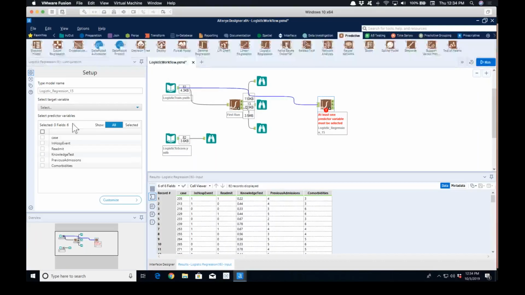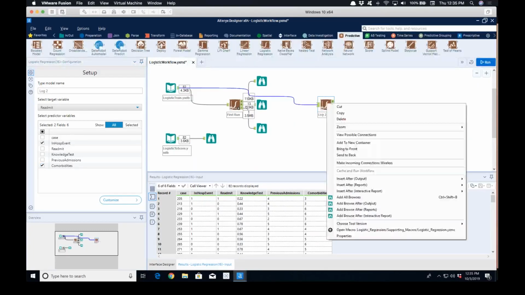So we'll call this one logistic2 or log2. We still want that readmit, but in this case we only care about predicting it with the in-hospital event and the comorbidities, because before those were the only things we really cared about.